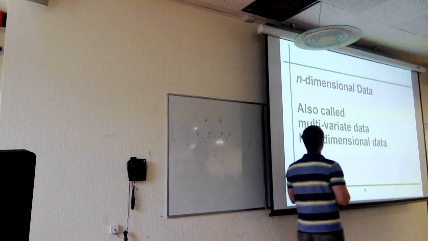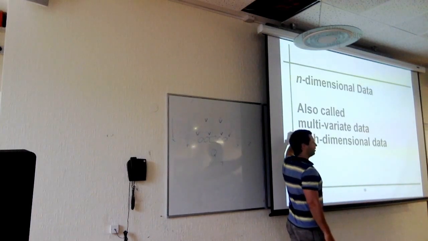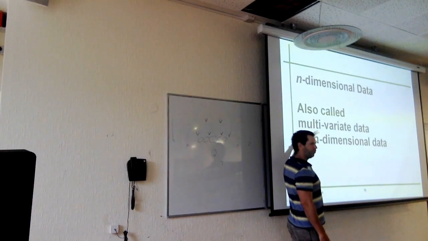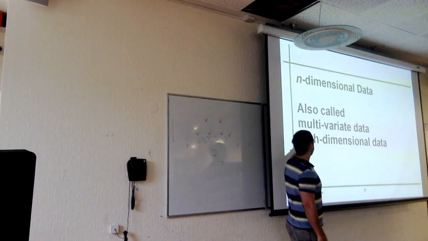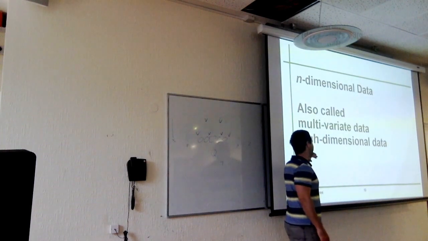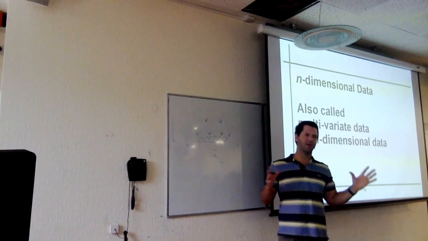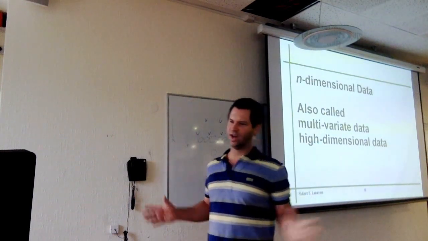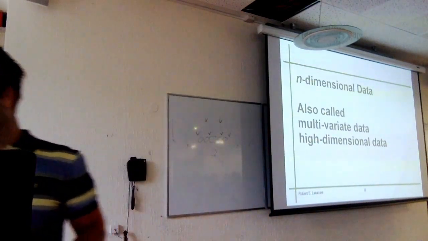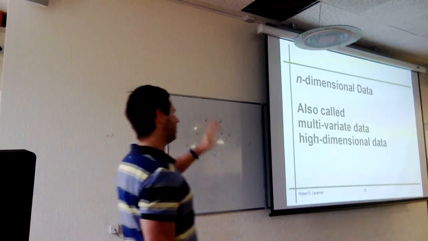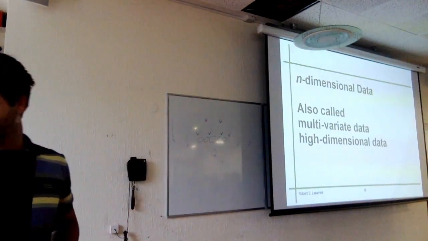Some people use the term multivariate data to mean some number of dimensions like 5 or fewer, and some people use the term high-dimensional data to mean some number higher, maybe 6 and higher. N-dimensional data is a nice term that covers all of those.